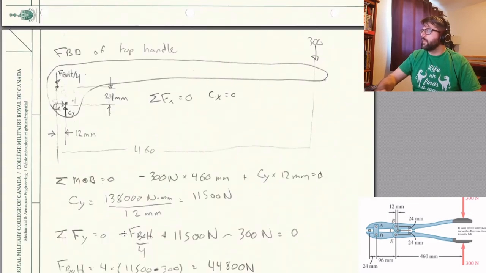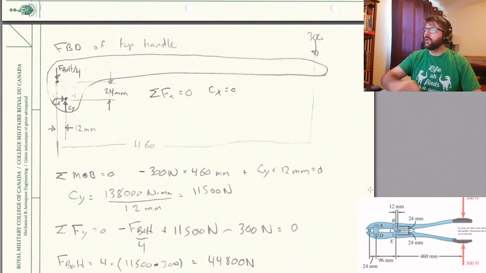So on this free body diagram, it is pushing upwards. If we go to the handle, on the other hand, it's a different situation because it's an equal and opposite reaction. So on the handle, the reaction from B is pushing downwards, but the magnitude is the same, force of the bolt divided by 4, and then we got these other two forces.